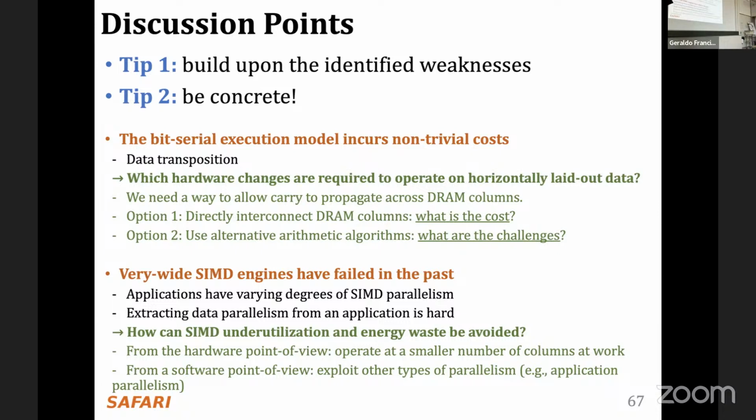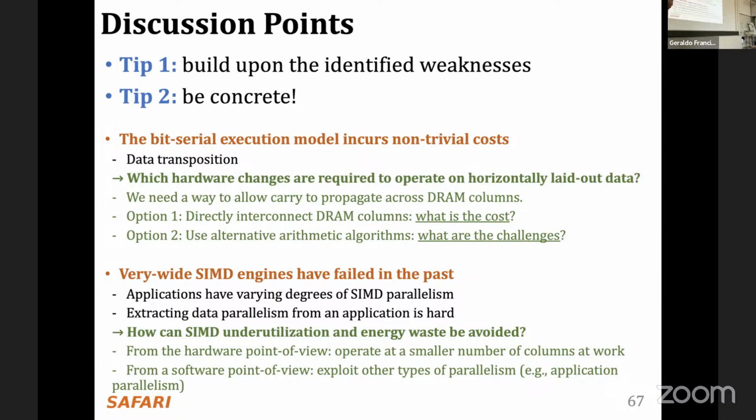We are operating at 65,000 columns because when you issue an activation, all of the cells in our row lines are connected together, right? But you can chop that off and make smaller subarrays. And then in the end, you're going to end up with smaller SIMD engines, with smaller granularities. Maybe more SIMD engines, each one of them with smaller granularity. And what's the cost of doing that? Is there an easy way of doing that, or is it always hard? From a software point of view, can you exploit other types of data parallelism?